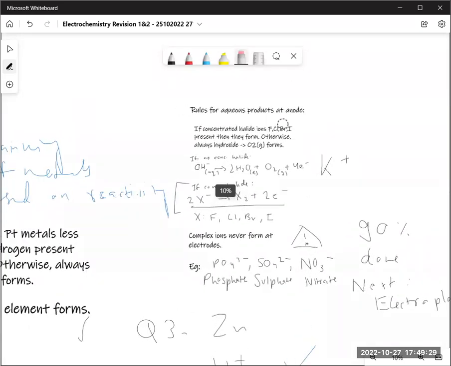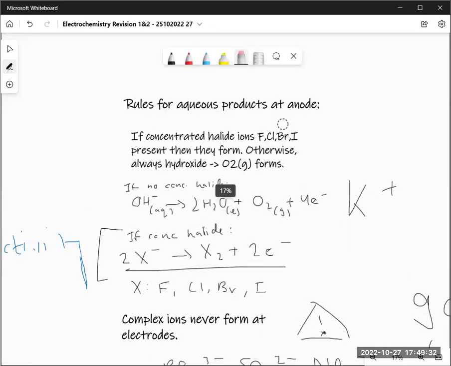I'll repeat. If I have concentrated fluorine, chlorine, bromine, or iodine, or any group 7, these are also called halides, by the way.